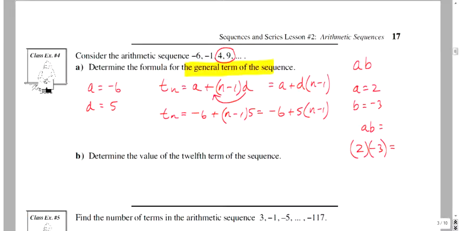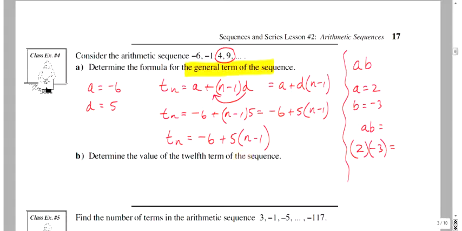Now on your book and your formula sheet, if you want to cross this thing out and write it like that, that's fine. Does everybody understand what I'm saying here? So the general formula, Tn is negative 6 plus 5 times n minus 1. We're done. That's all we can do.